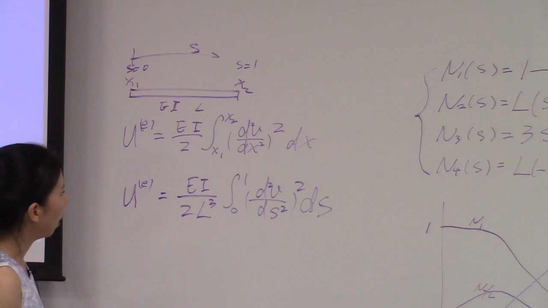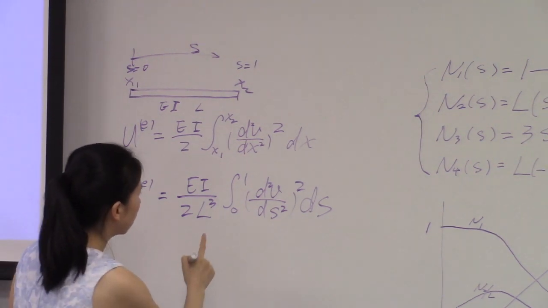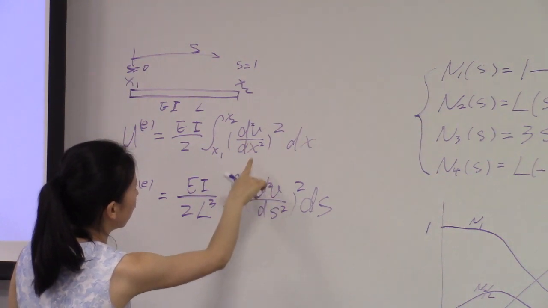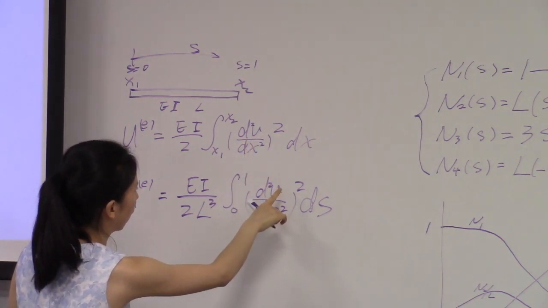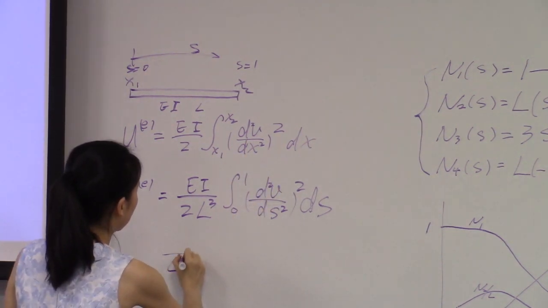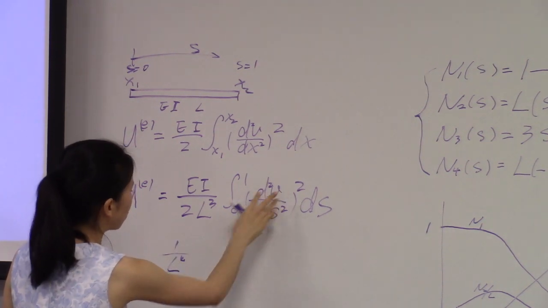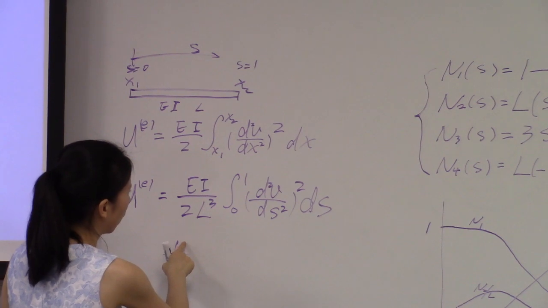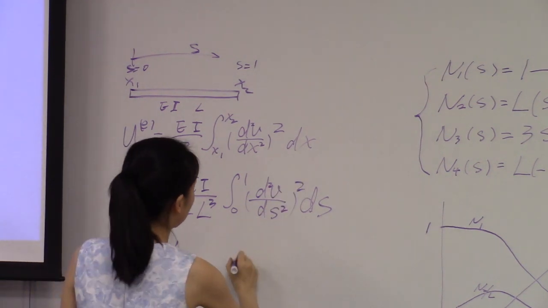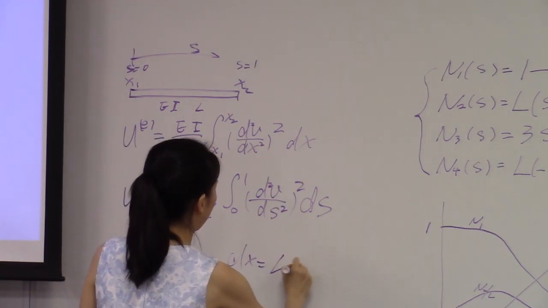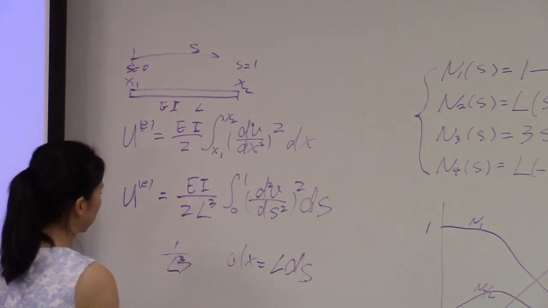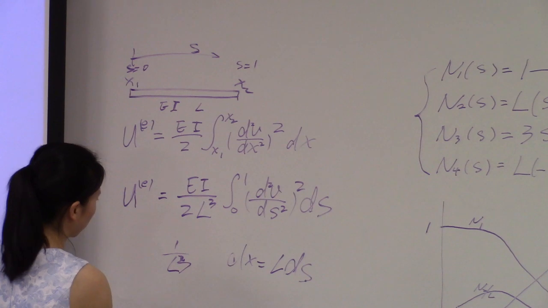Because d²v/dx² equals d²v/ds² times (1/L)², you have L to the fourth in the denominator, and because dx equals L ds, you have one more L here, so this is why this cubic comes from.